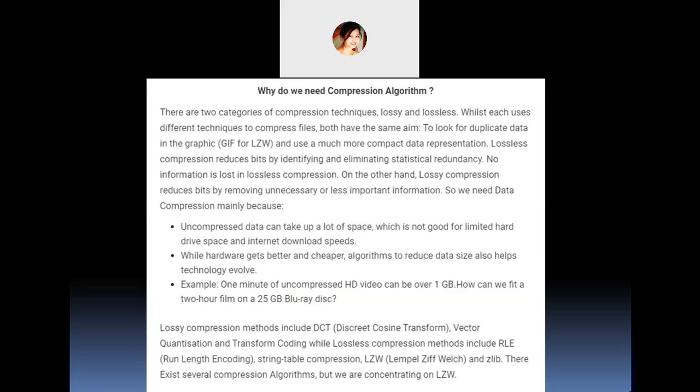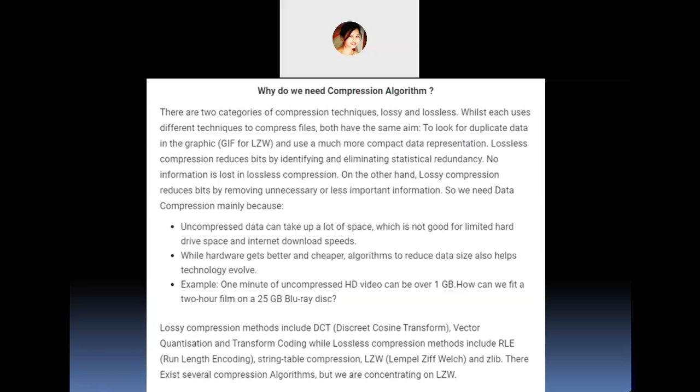Lossless compression reduces bits by identifying and eliminating statistical redundancy. Don't go for statistical redundancy, just remember redundancy. Redundant means unnecessary data, so we have to look for unnecessary data and discard it, considering a perfect and suitable compression technique.